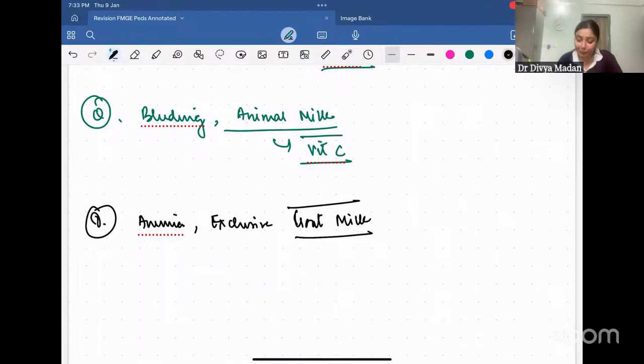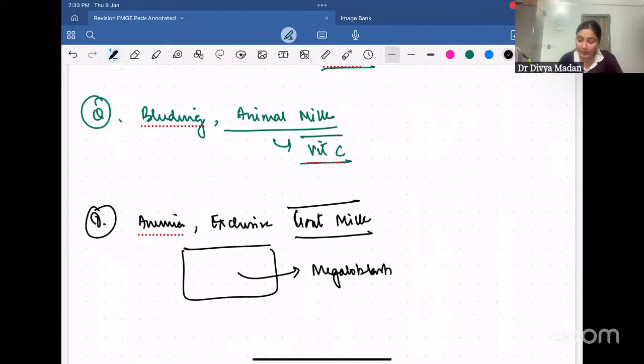And they give you a picture where you see megaloblastic anemia, that means big size RBCs with hypersegmented neutrophils. So what is this? This is megaloblastic anemia, goat milk.